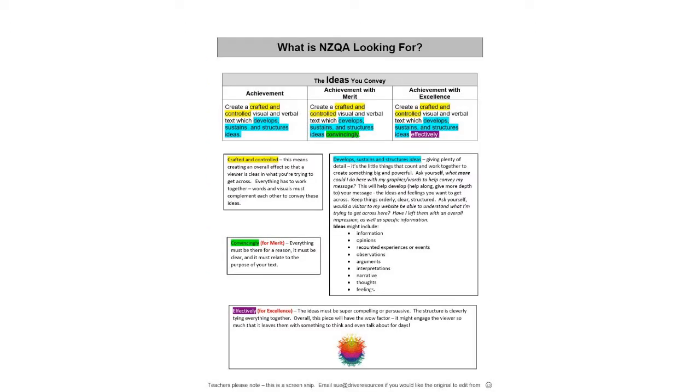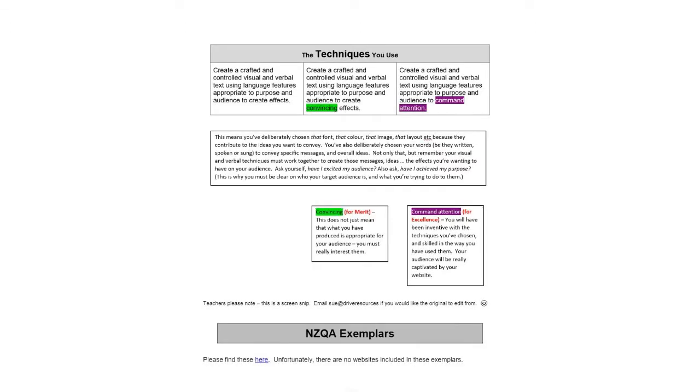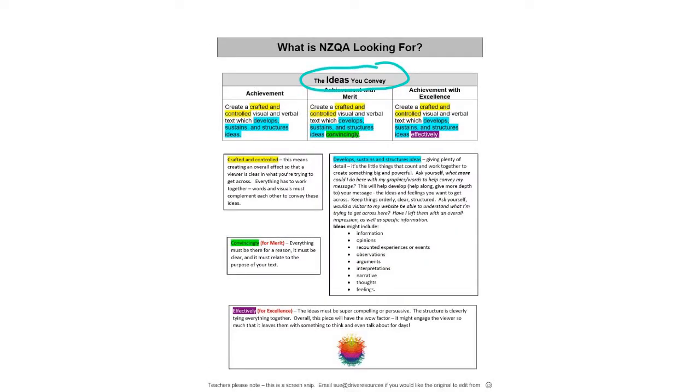So what is NZQA looking for? There are two aspects to this, and you have to cater for both. Now, the first part is about the ideas that you convey. The second part of the achievement criteria is the techniques you use. So you can't have one without the other.